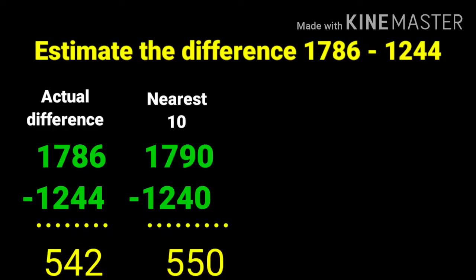Now see the estimated difference to the nearest 10. First of all, we have to round 1786 to the nearest 10. For that, 1786 lies between 1780 and 1790, and 1786 is nearer to 1790, so the answer is 1790.